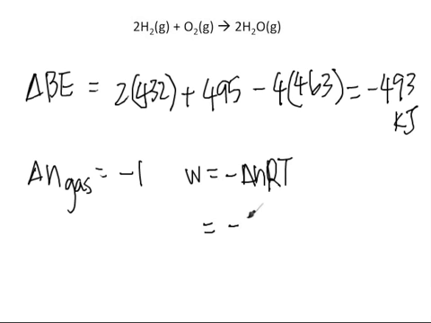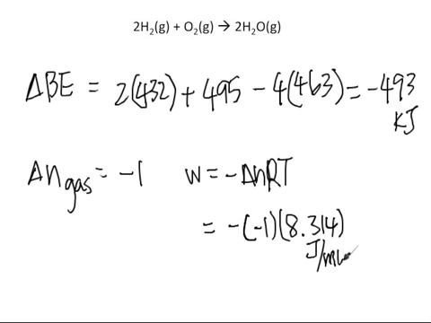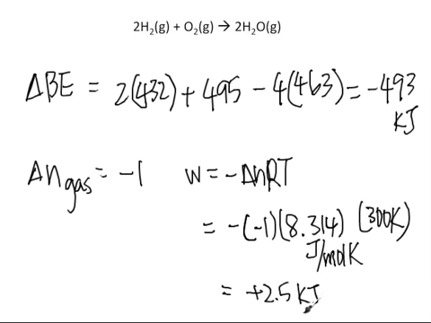So this is going to be minus 1 times 8.314 joules per mole Kelvin times 300 Kelvin. And this is going to give us about plus 2.5 kilojoules, 2,500 joules. And so we can also look at the delta N of the system. It's going to be same as the gas because there's only gas in this system. So this number will only be different when there are also liquids or solids in the reaction.